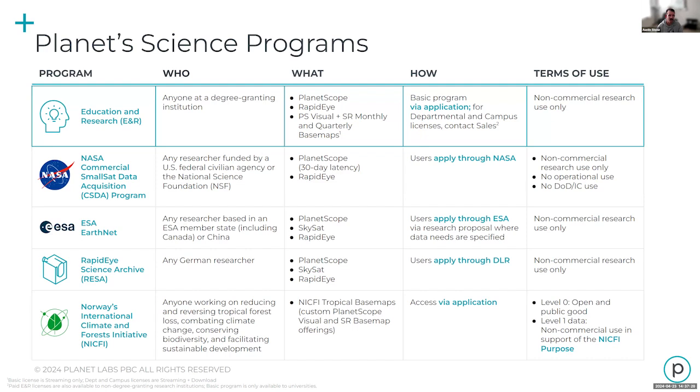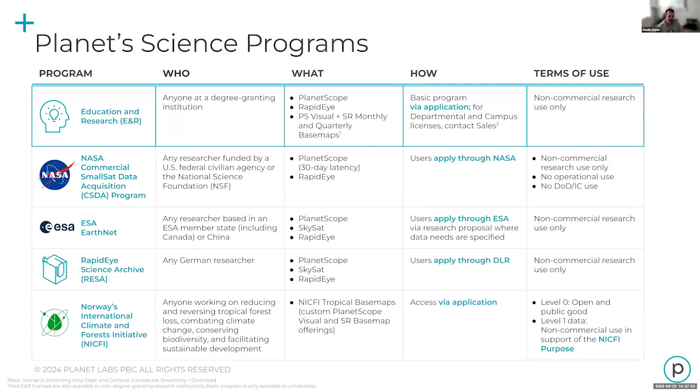So we work with NASA. We have a commercial small satellite data acquisition program, SISDA for short. But basically, anyone who's federally funded can also access Planet data through this mechanism. And then, of course, we have partnerships with the European Space Agency, as well as RISA and the Norway International Climate and Forest Initiative, also known as NICFI, which are producing monthly surface reflectance base maps over the tropics of the world.